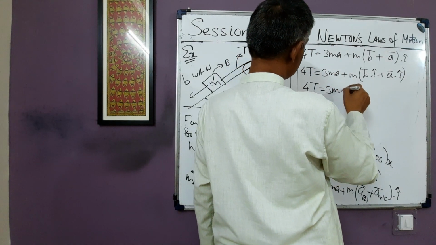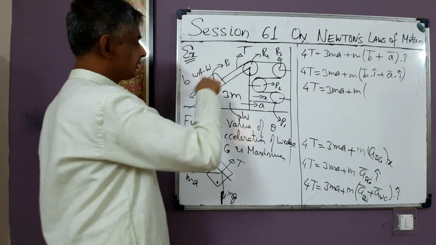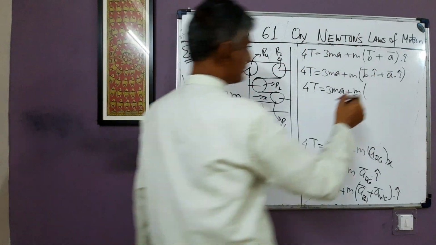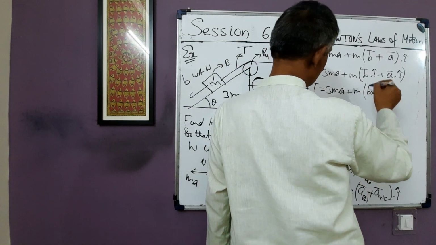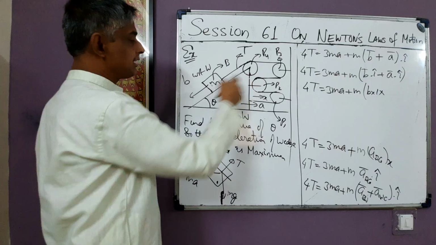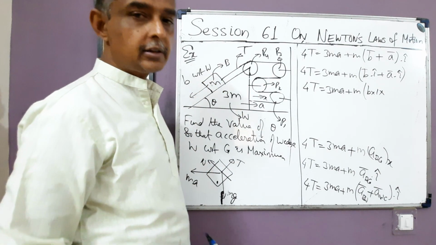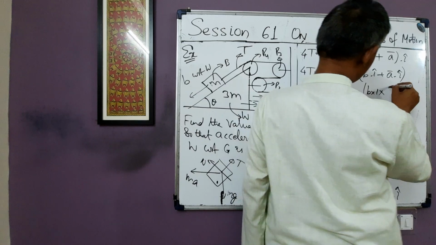4T is equal to 3ma. What about B dot i hat? B is in this way, i hat is that. This becomes magnitude of B, 1, into B into magnitude of i hat, 1, into cosine of angle between B and i. B is this way, i is that way, angle will be pi minus theta, interior angle concept.